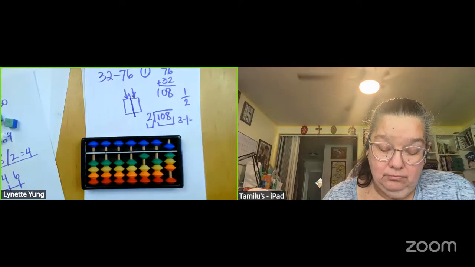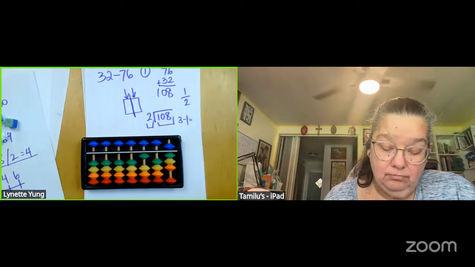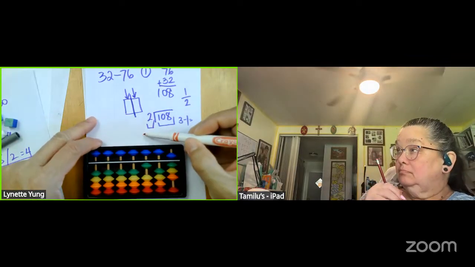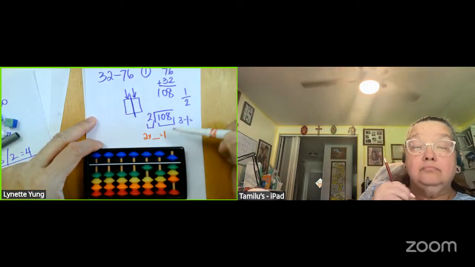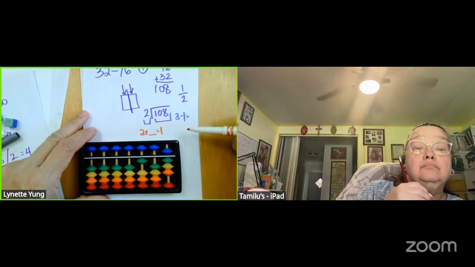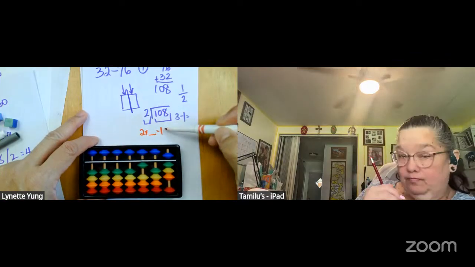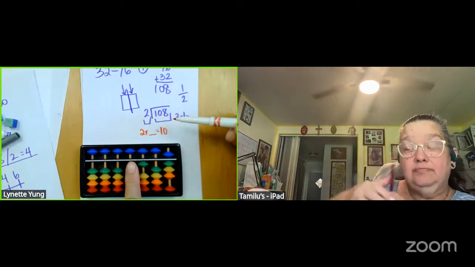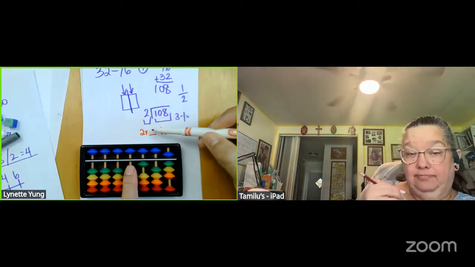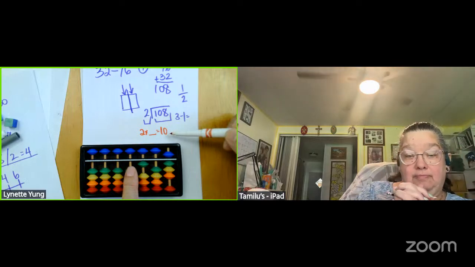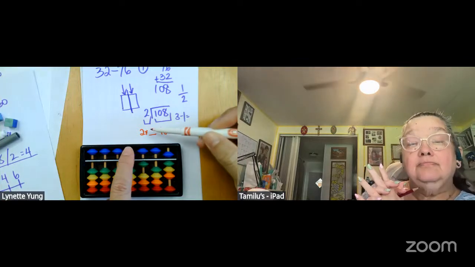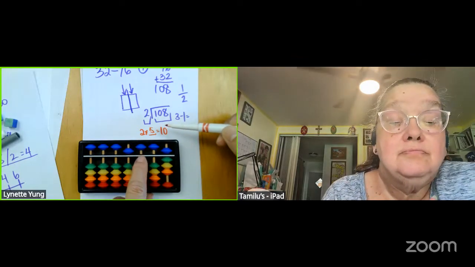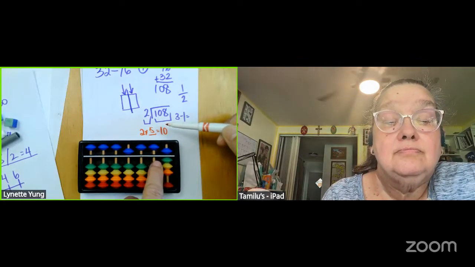Now we have to figure out our multiplication. 2 times what is equal to 1? No. So that's why we need to make it a double digit. 2 times what is equal to 10? 5. So add the 5 here. It's my quotient. I take away 1, take away 2. Take away 1, take away 0.